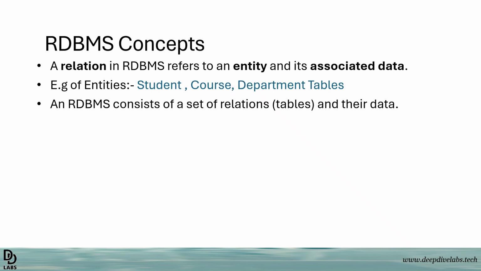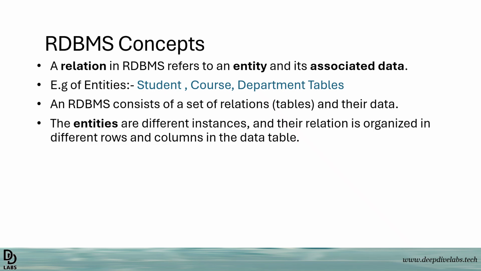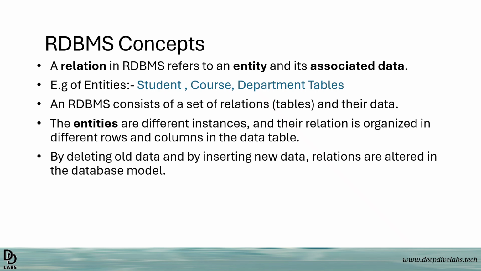An RDBMS consists of a set of relations which are the tables and their data. The entities are different instances and their relation is organized in the different rows and columns of the data table. By deleting old data and by inserting new data, relations are altered in the database table.